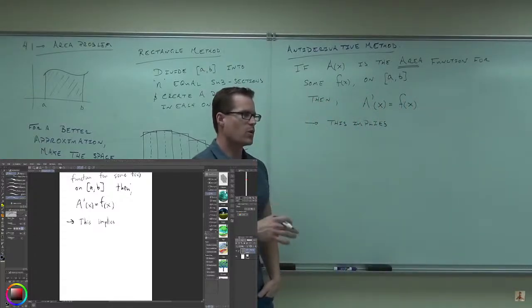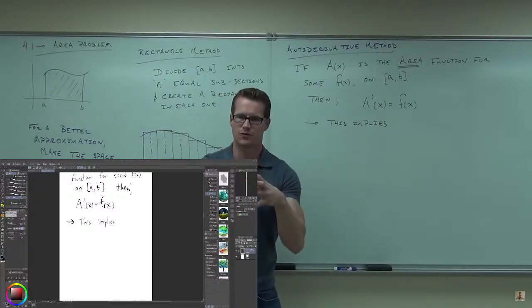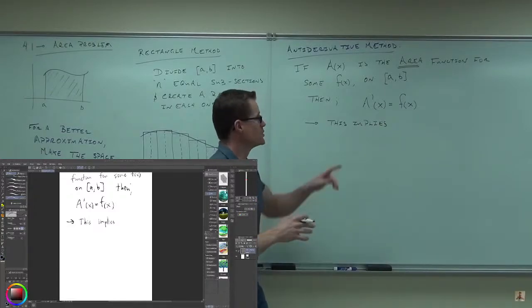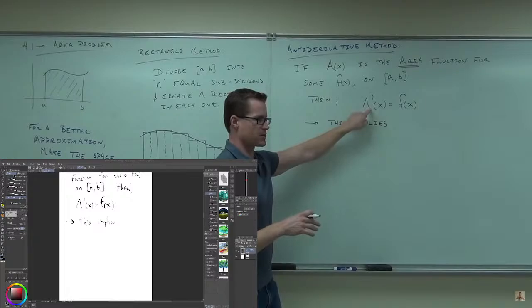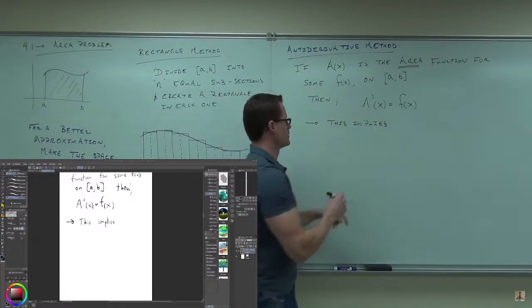This says, if we want to find the area under a certain function, we basically need to be able to undo this. We need to undo a derivative.